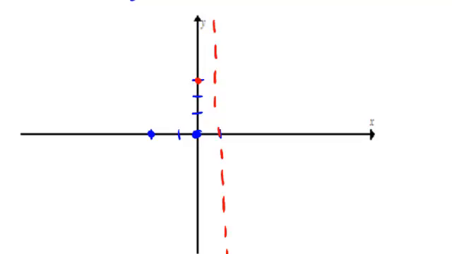Slope of 1, so we're going to go up 1, right 1, right about here. And I know that the x-intercept for that line is going to be negative 3, so a little off, but we'll live with it. So here's that oblique asymptote, the equation y equals x plus 3.